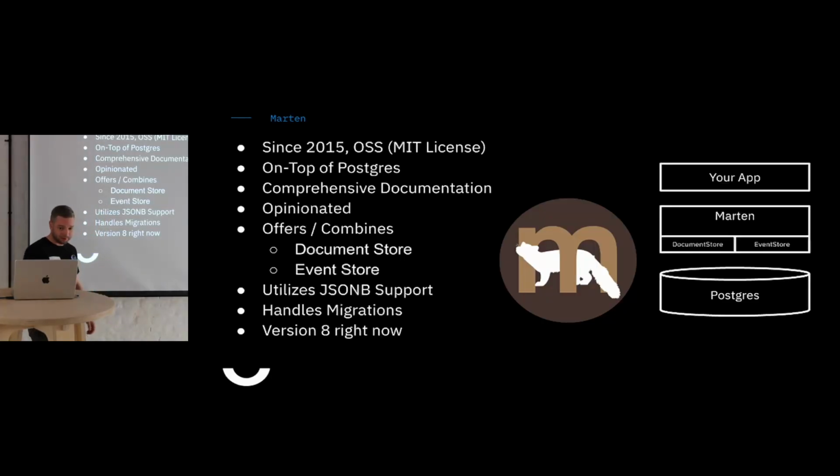All right, now let's go to Marten. Some facts about Marten. It's already a major library. It's created 2015. It's open source and MIT license, so we can use it in commercial applications for free. It's on top of Postgres.